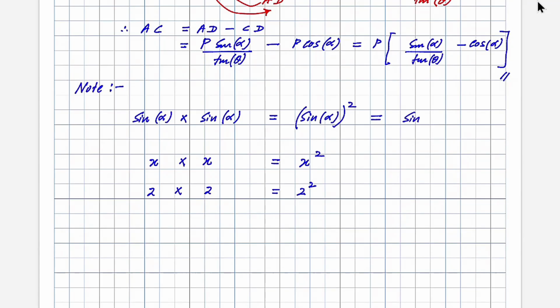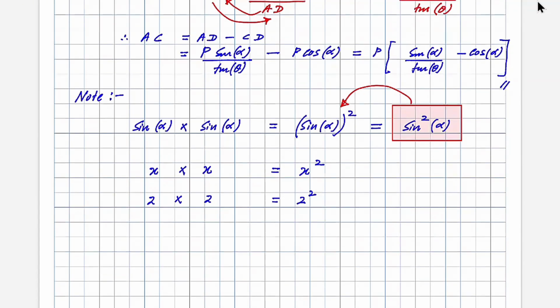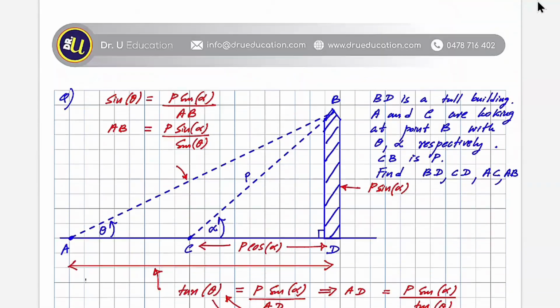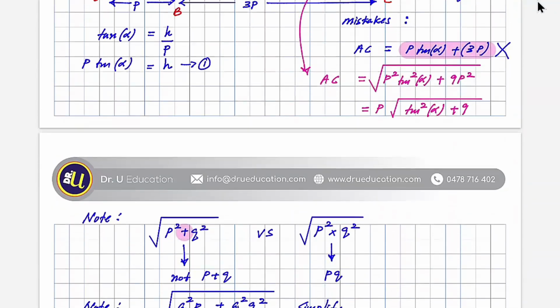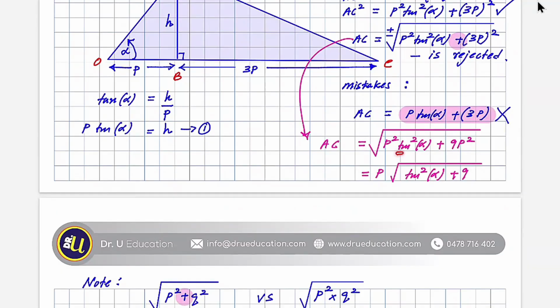That would be sine squared alpha. So you have to understand, this is nothing but sine alpha, the whole thing to the power 2. Now, if you look into our simplifications here, let's see whether we can see something similar. I'm writing tan squared alpha. That would be tan alpha multiplied with tan alpha. That you should know, right?